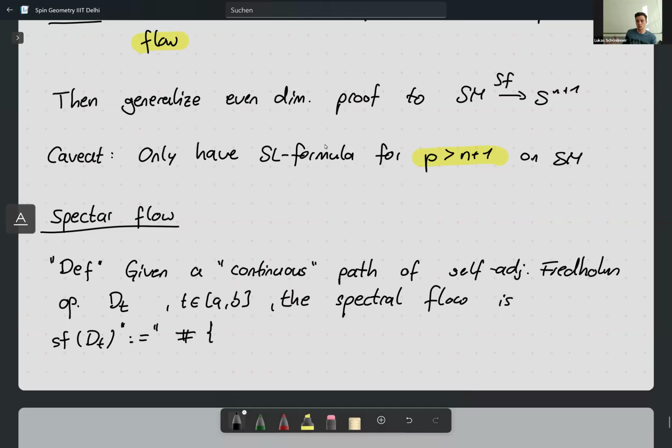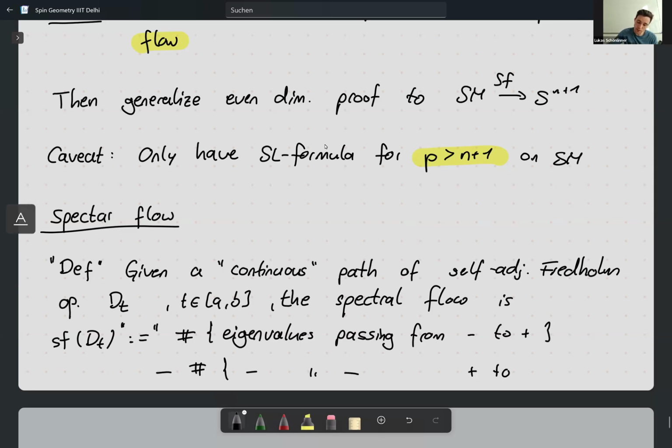Since it's self-adjoint, all the spectrum will be on the real line. And the spectral flow is the number of eigenvalues that cross from minus to plus, so they cross the eigenvalue 0, and we subtract from it the number of eigenvalues that pass from positive to negative.